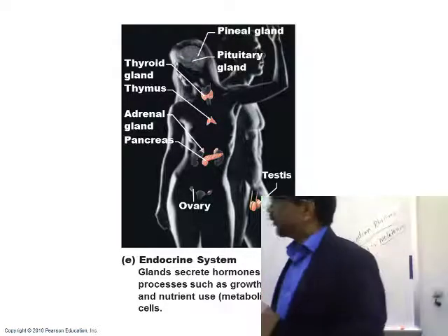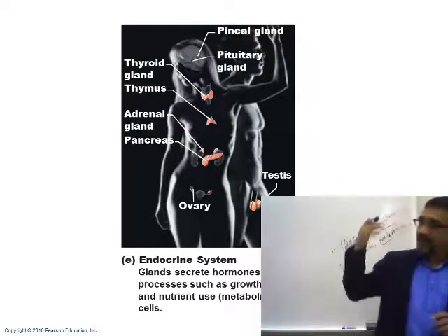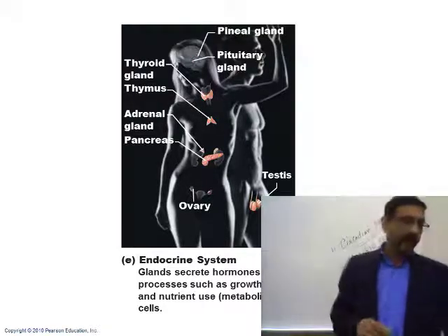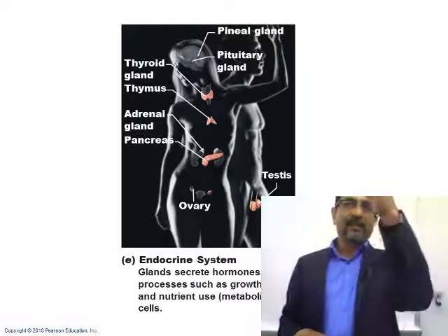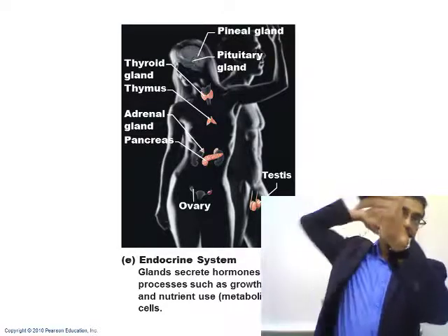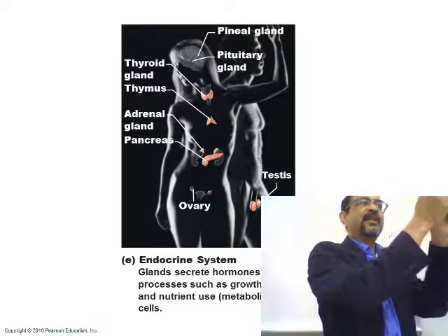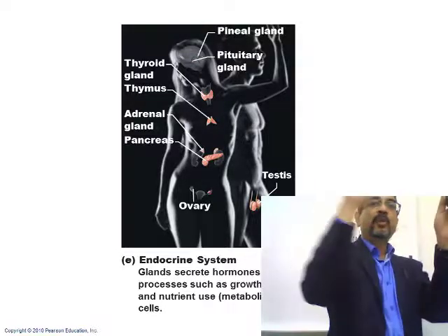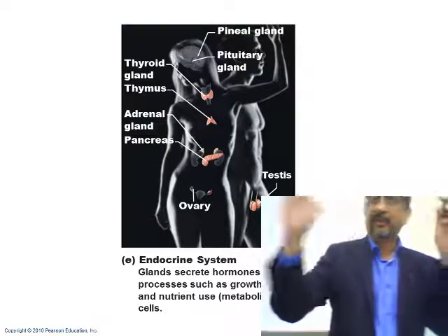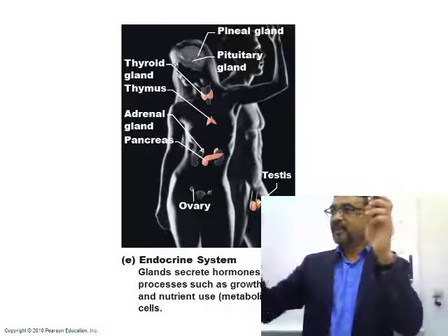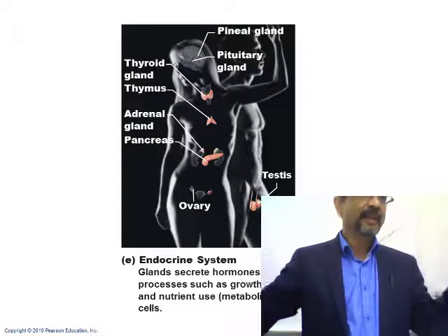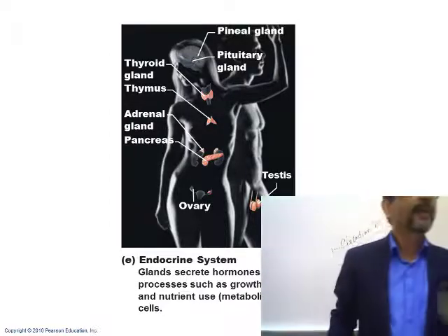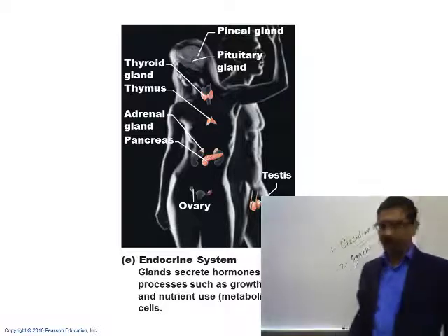Then at the back of the thyroid gland, which is not shown here, on the dorsal surface, you have tiny glands attached. The number is not fixed, it varies between 4 to 8. Those are called parathyroid glands.